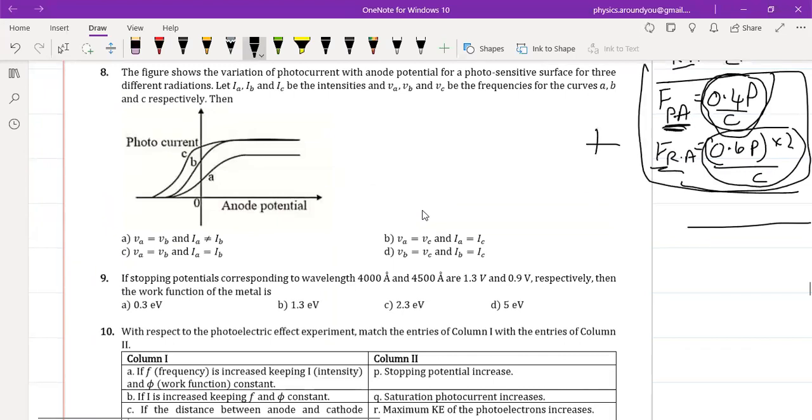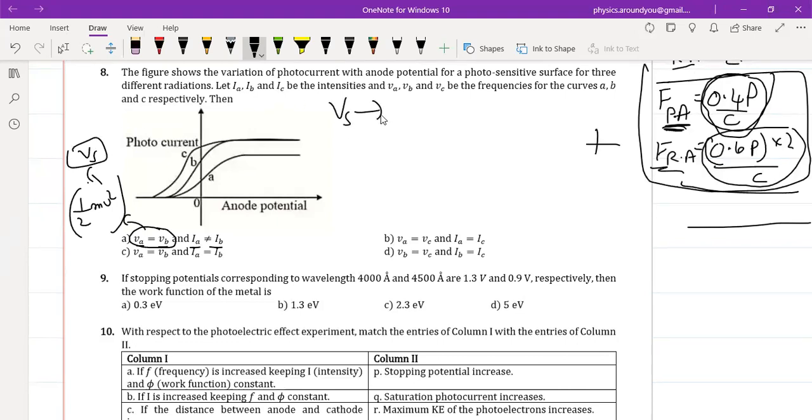In the eighth question, let us examine all the options. The first one says frequency of A is equal to frequency of B and intensity of A is not equal to intensity of B. If frequencies are the same, then the maximum kinetic energy is the same. If the maximum kinetic energy is the same, then the stopping potential is also the same. We remember this: stopping potential is always dependent on frequency, whereas saturation current is dependent on intensity.